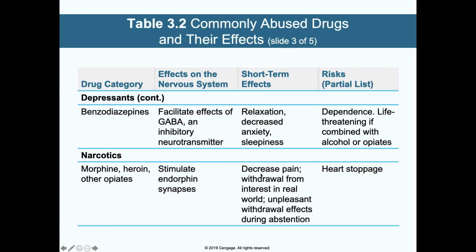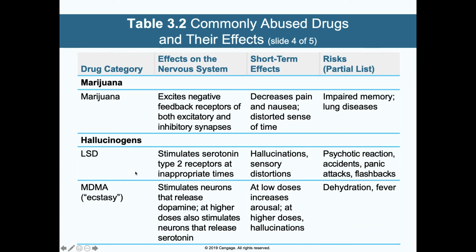And the problem, though, is that the other effects are negative: withdrawal from interest in the real world, unpleasant other withdrawal effects if you abstain from taking it, because they become very addictive, okay? And obviously the risks are heart stoppage when any of these narcotics are used, okay?